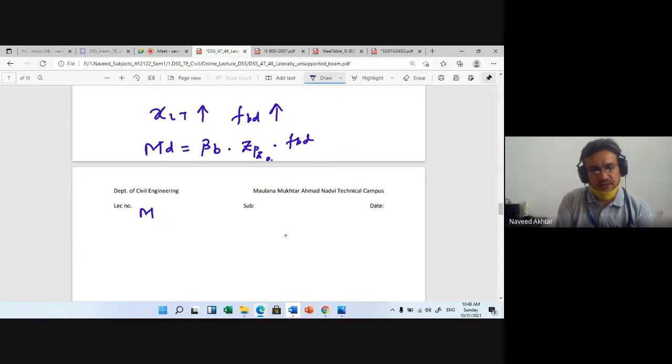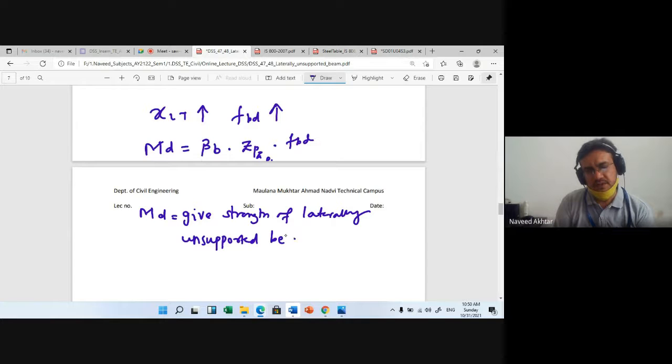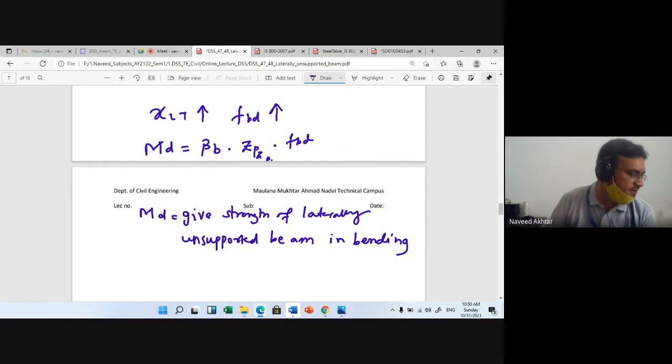So MD this way gives the strength of a laterally unsupported beam in bending. So now the strength check is done.